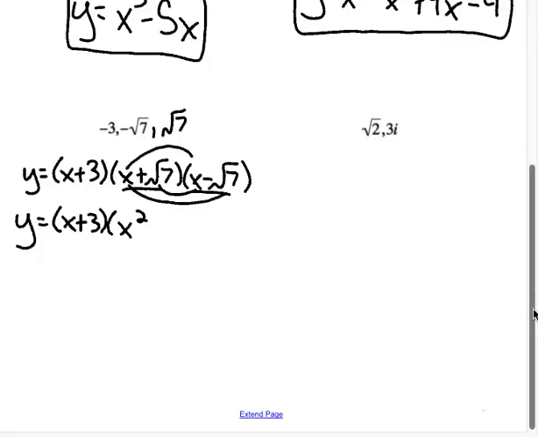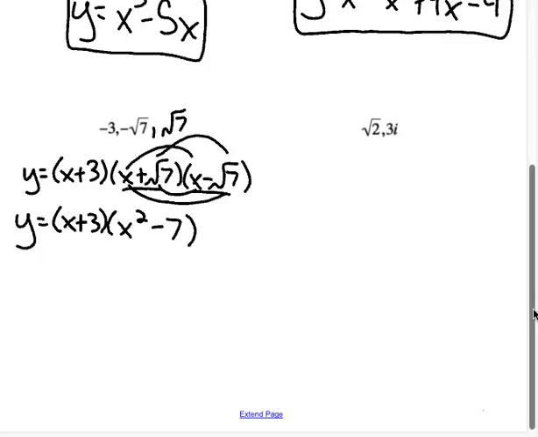So the last thing that I'm going to worry about is square root of 7 and negative square root of 7. Multiply those together, you get negative square root of 49, which you would know as negative 7. Okay, so you can actually save yourself some work. If you recognize that those insides are always going to cancel, you don't have to write them out.